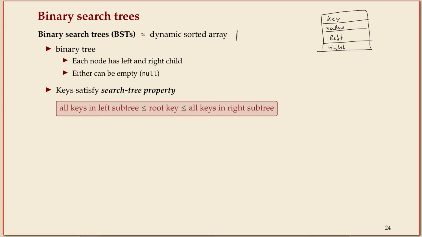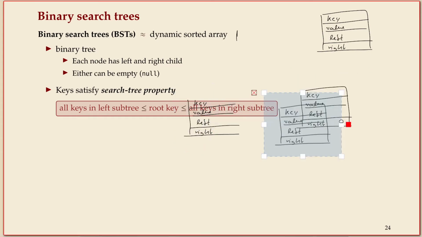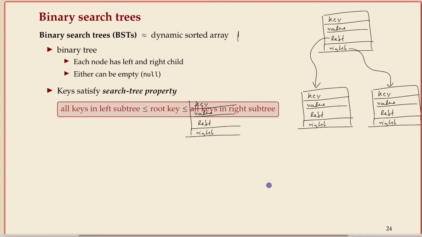And then we can have many more nodes. So maybe this has a pointer to those two nodes. The left points to this, and the right points to this. And then these can have, again, more children, etc. Until at a certain point, the pointers are null, which means there's no further children.